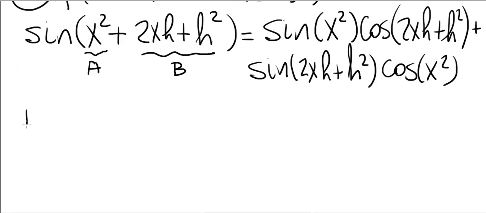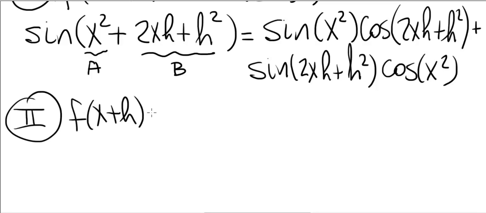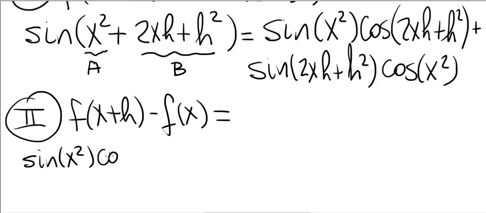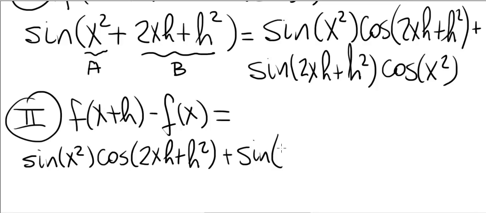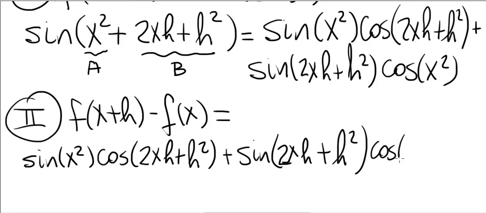In step 2, we compute f of x plus h minus f of x. Since we just computed f of x plus h, this is pretty easy. This is sine of x squared times cosine of 2xh plus h squared, plus sine of 2xh plus h squared times cosine of x squared, minus the function f of x, which is sine of x squared.